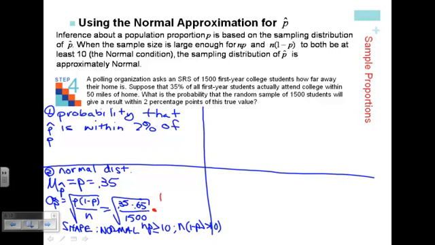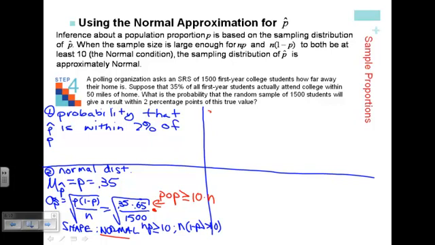Is the population of college students greater than or equal to 10 times 1,500? Do we think the population of first-year college students is bigger than 15,000 students? Heck, there's almost 15,000 freshmen at Michigan State in any given year. So, do we have that? Yeah. Sure. So we have independence, and we have at least 10 successes and failures, so we can say that.